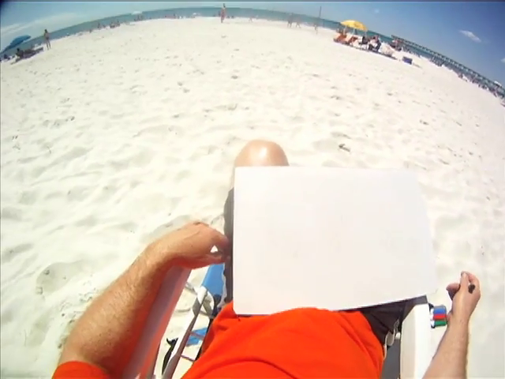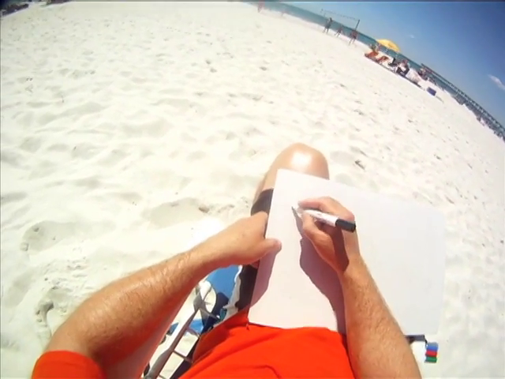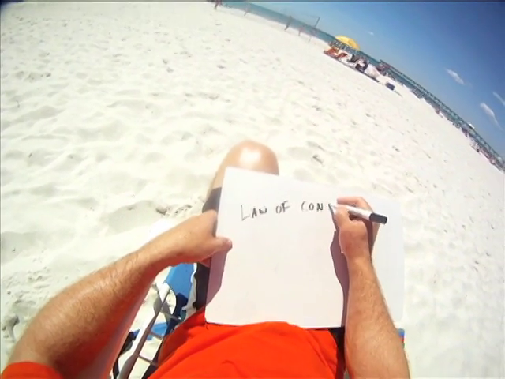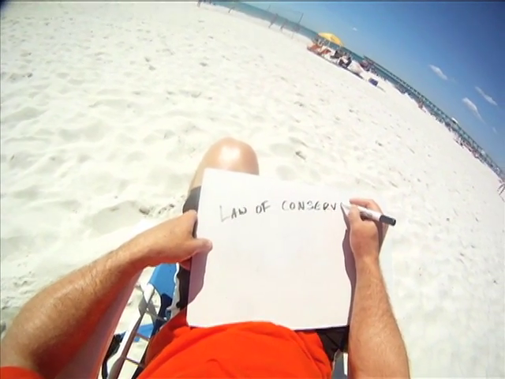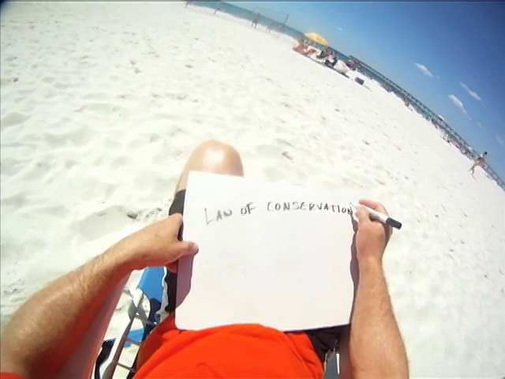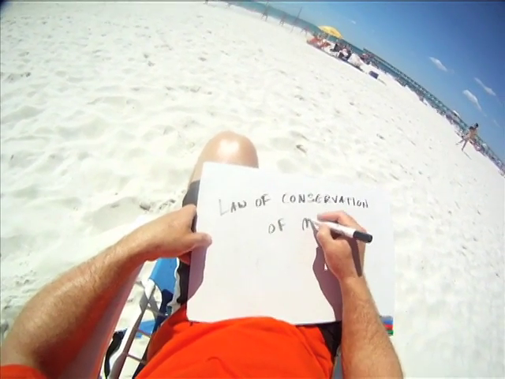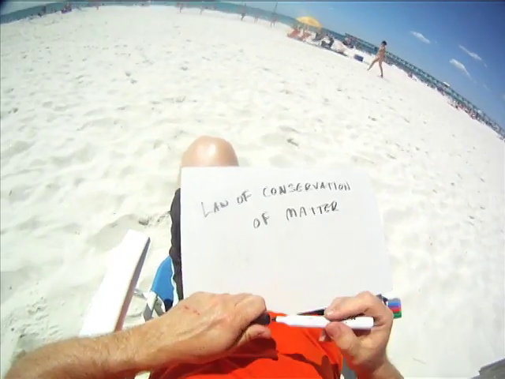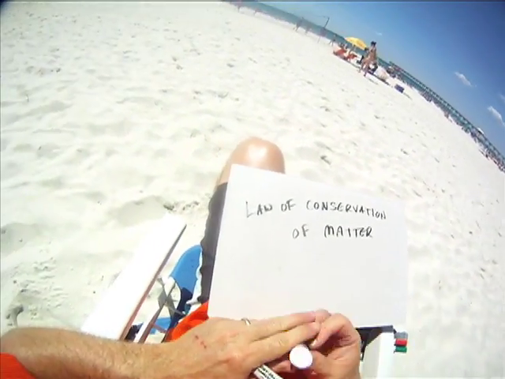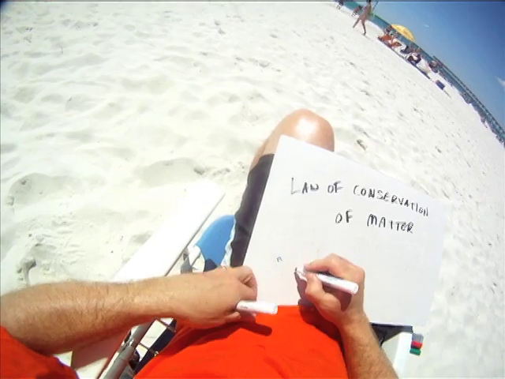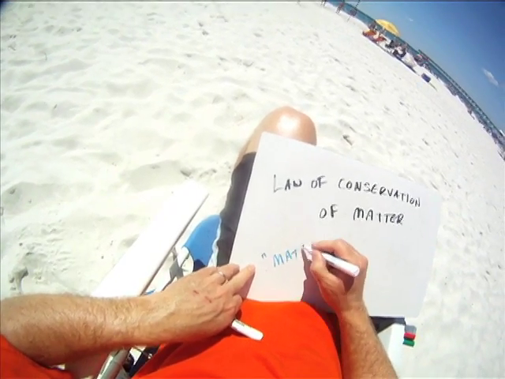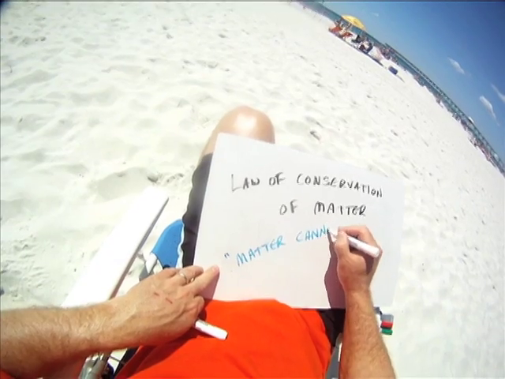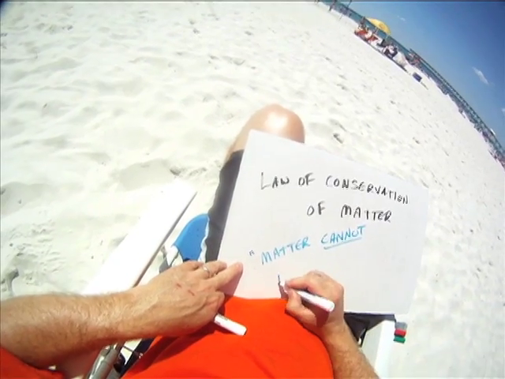One of the things that we've talked about in the past has been the law of conservation of matter. And what this law means is that matter cannot be created or destroyed.